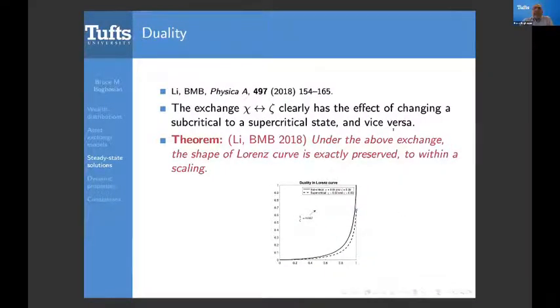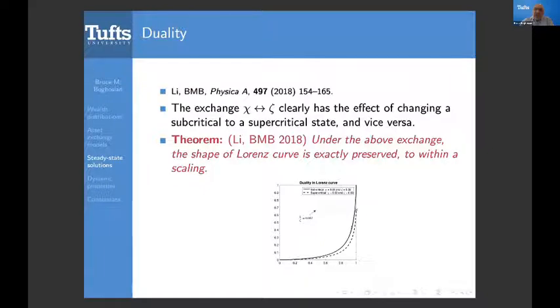One other thing that this exhibits is duality. If you're familiar with Kramers-Wannier duality in the Ising model, this has a similar feature. If I were to swap chi and zeta, then since criticality happens when zeta is equal to chi, if I swap the two of them, I go from a supercritical state to a subcritical state.